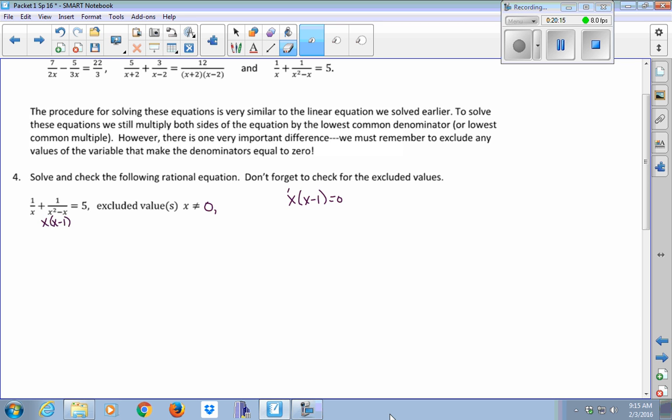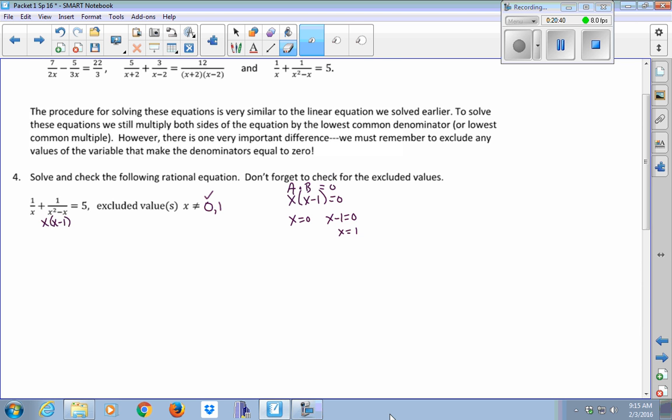It's a multiplication problem. When does A times B equal 0? X is acting like the A and B is acting like X minus 1. Well, when X equals 0, we already have that. And when X minus 1 equals 0, which will be when X is 1. So the two excluded values from the possible solution set here for this equation are 0 and 1.